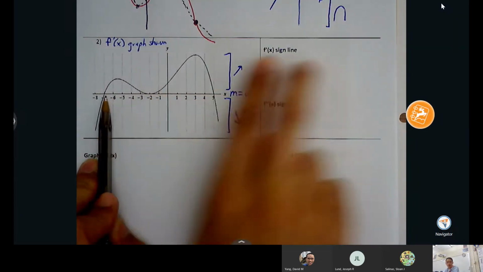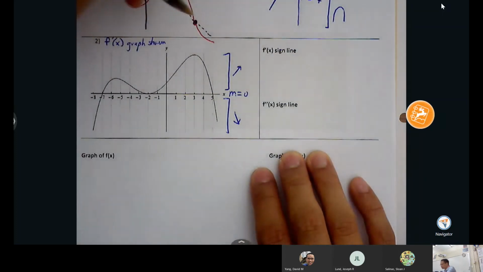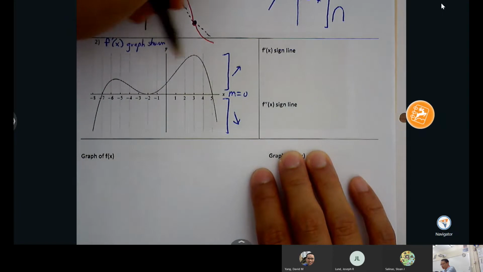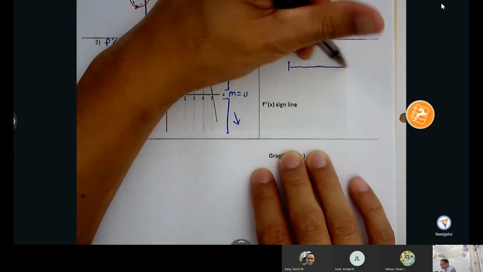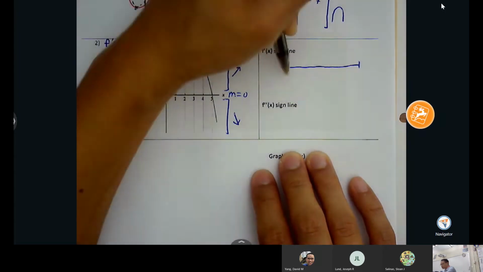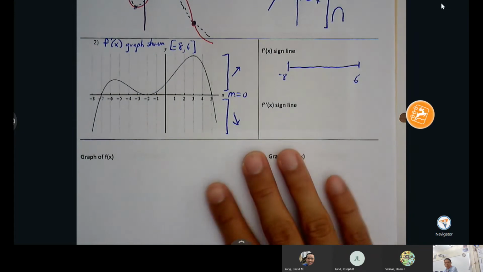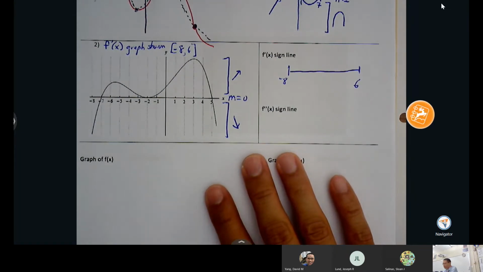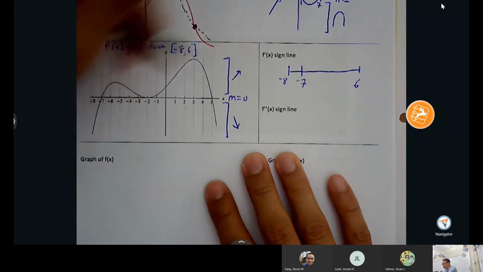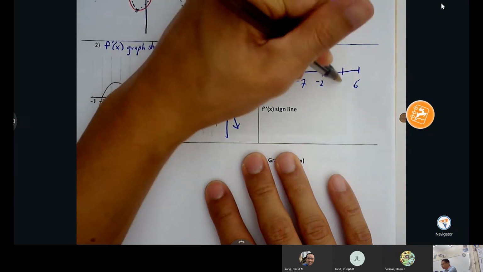These are my starting points on my slope sign line. I think I said -8 to 6 as my interval, or my endpoints. All right, -7, -2, 5.